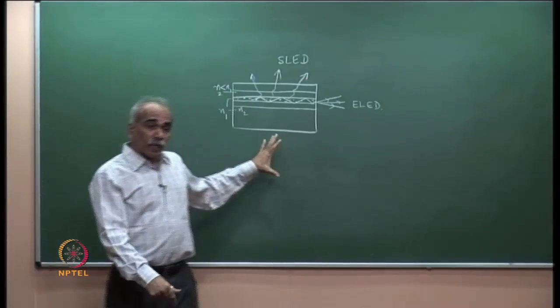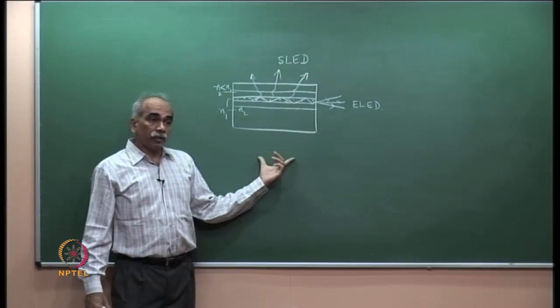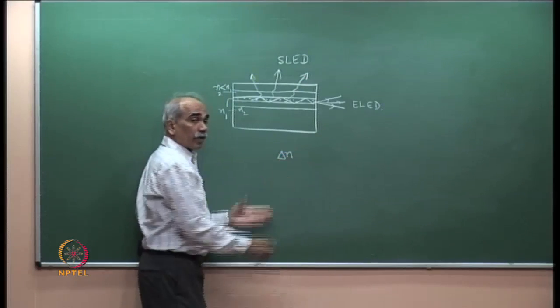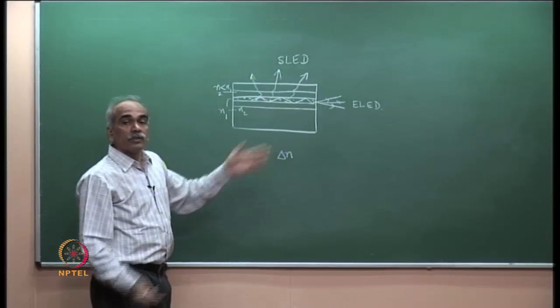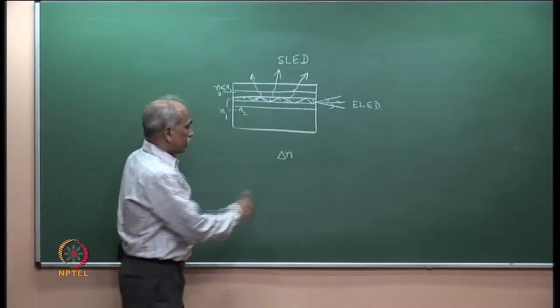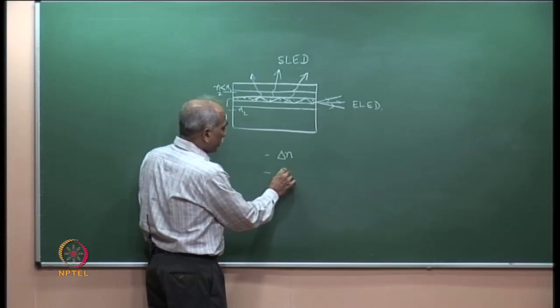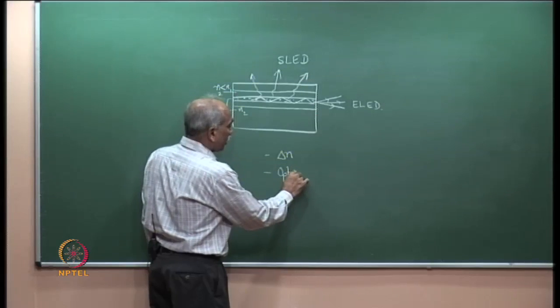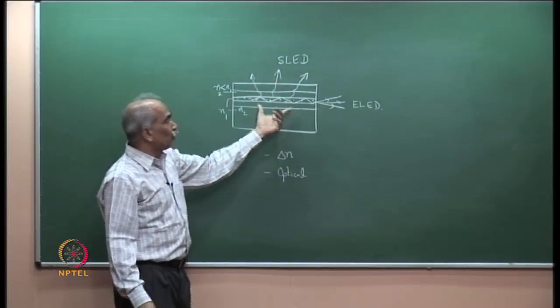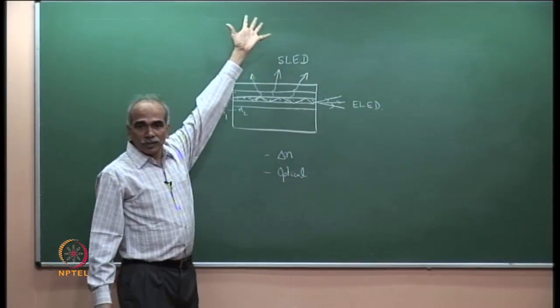Three basic points. Carrier confinement, to get larger delta N so that the Fermi level can move up, and the separation between the Fermi levels can be large for a given current. Second point is optical confinement, because light can be trapped. This is not useful for surface emitting LED because you don't want any confinement, you want it to come out.